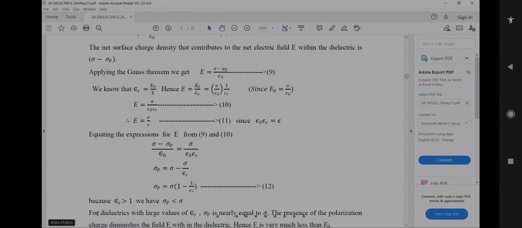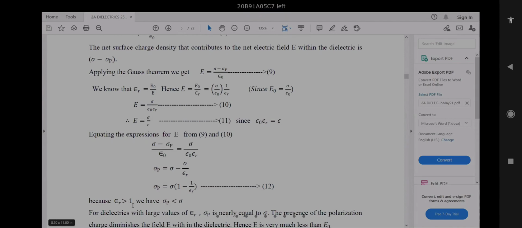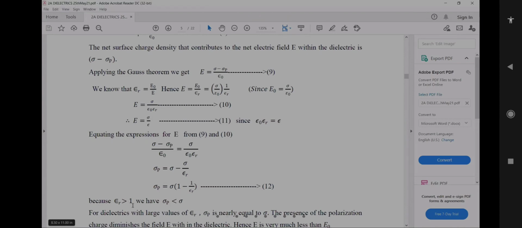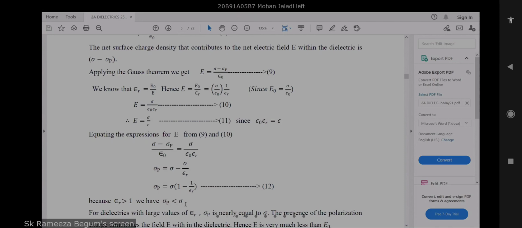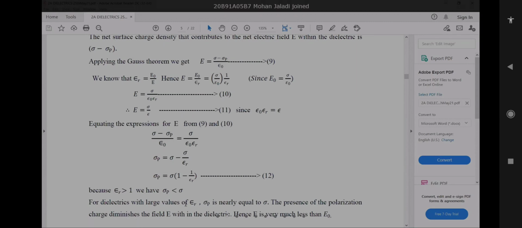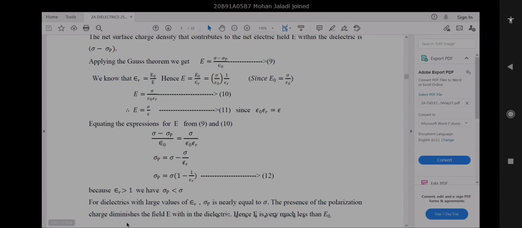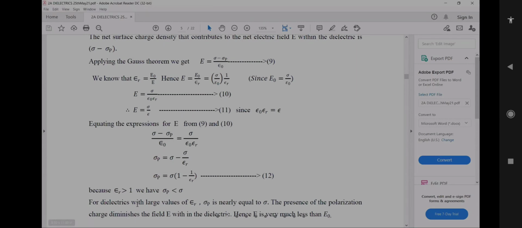Because epsilon_r is much greater than 1 for most materials, the dielectric constant is greater than 1, so we have sigma_p less than sigma. For dielectrics with large values of epsilon_r, sigma_p is nearly equal to sigma.